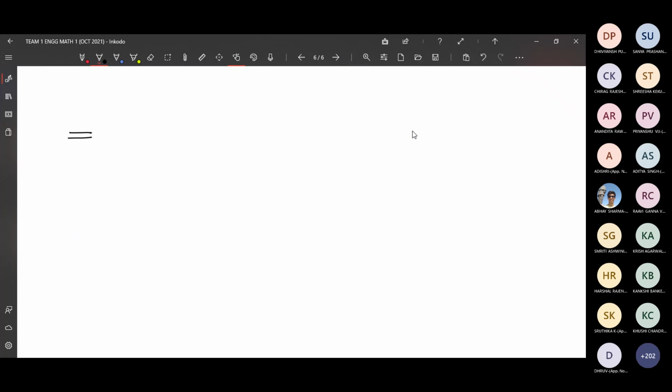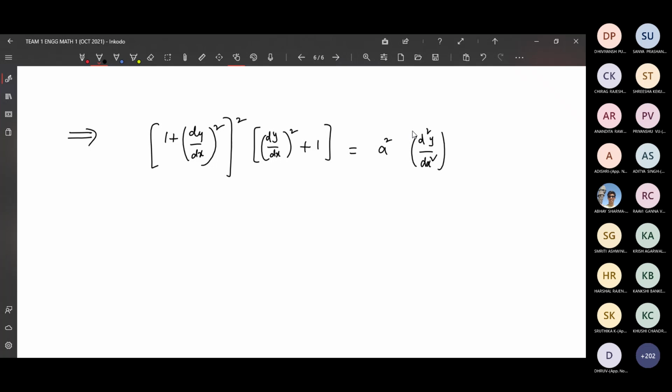The above step implies I'll take the common term 1 plus dy by dx whole square. This is common in both terms. The first term, if you take that, you will get only dy by dx whole square here. Plus in the second term, that is the only term, therefore plus 1 you will get. And the denominator I am taking to the right hand side, a square times d square y by dx square whole square.